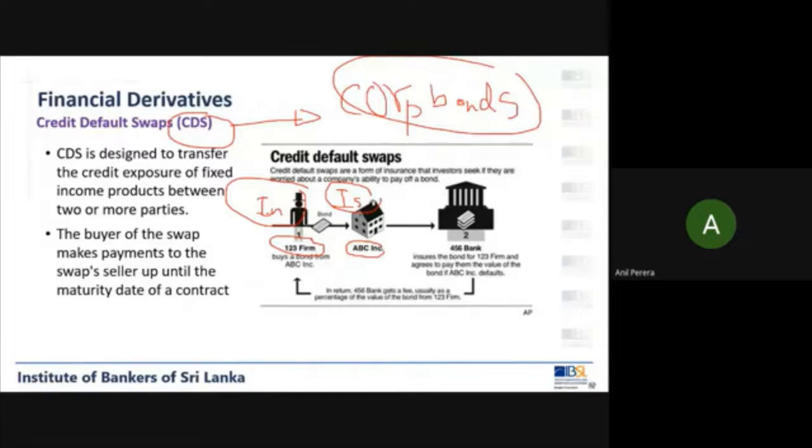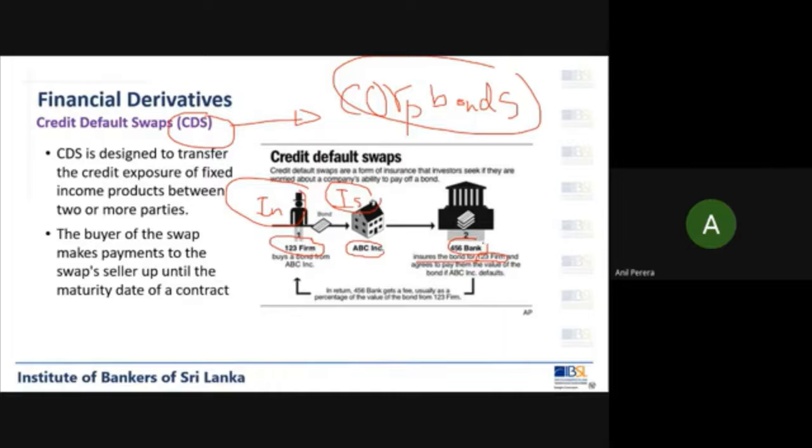To minimize that, you can ask for an insurance, some protection. So what happens, the 123 firm, which means basically the investor, insures their bond with this 456 bank. What is the insurance?